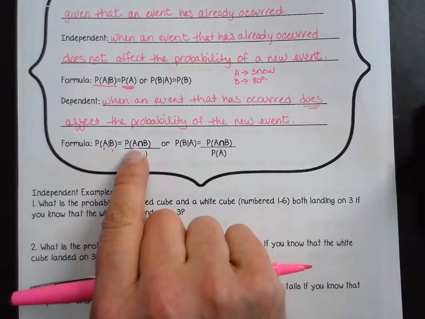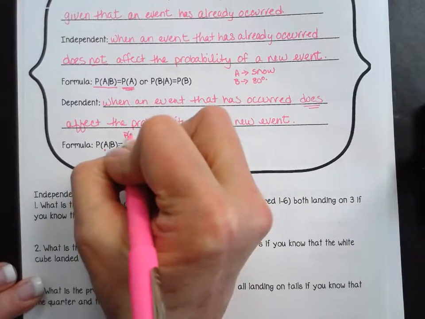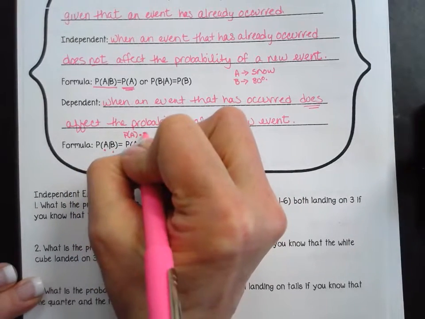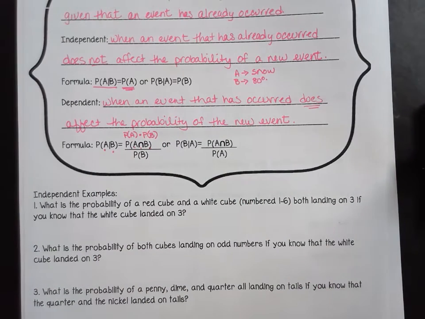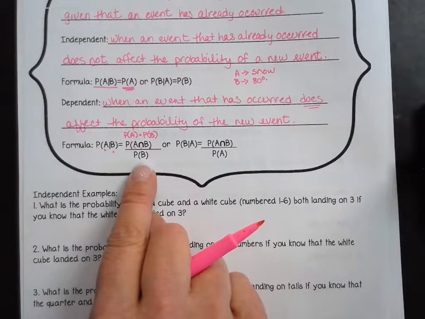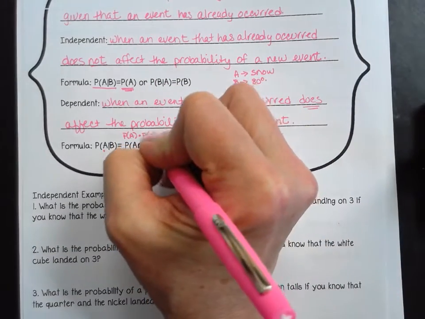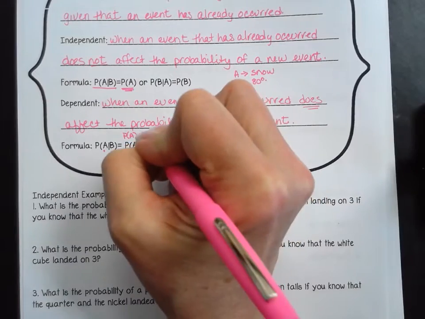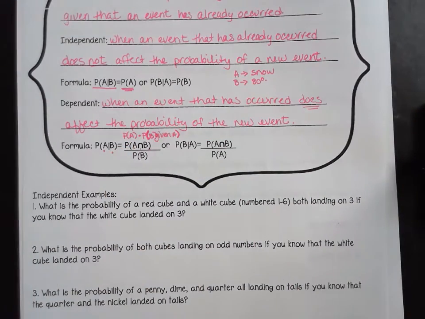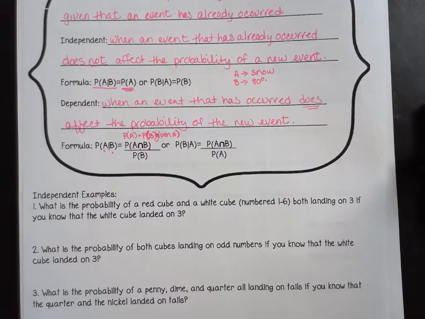So you find the probability of A times the probability of B. I'm sorry, that's probability of B given A. So you take out those duplicates because we're talking dependent. And then you divide by the probability of B. This will look better once we do some examples.